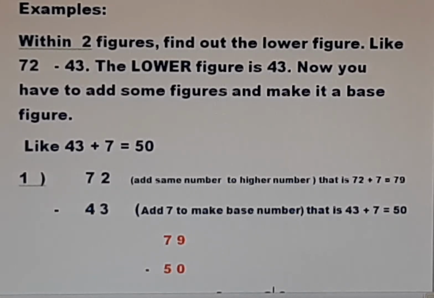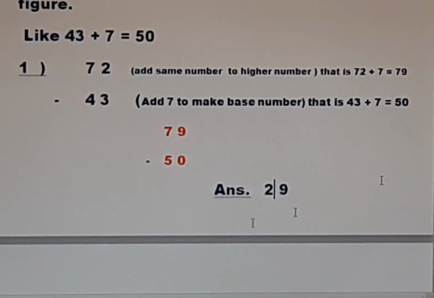The same thing: you have given 7 chocolates to 43, so you have to give 7 chocolates to the higher figure also. So you add 72 plus 7, which gives 79, and with the lower figure you got 50. So 79 minus 50 is very easy. Why?